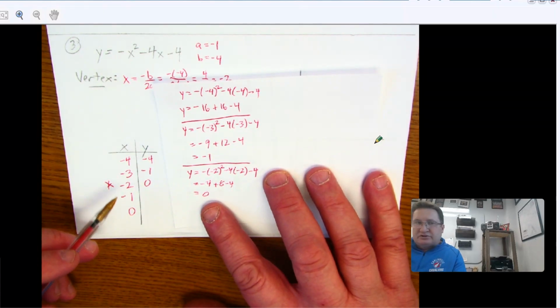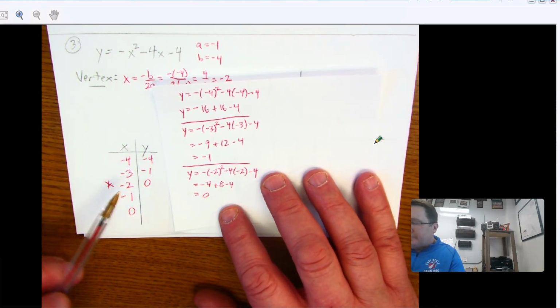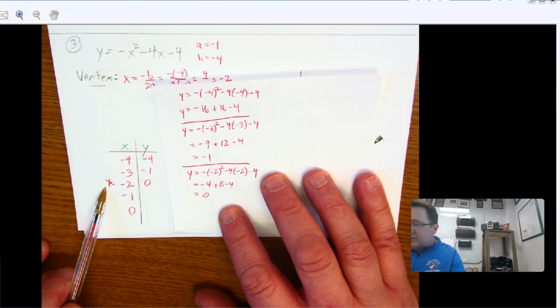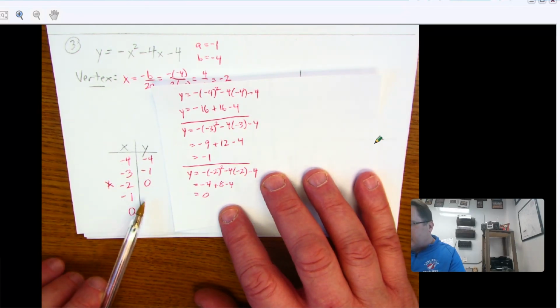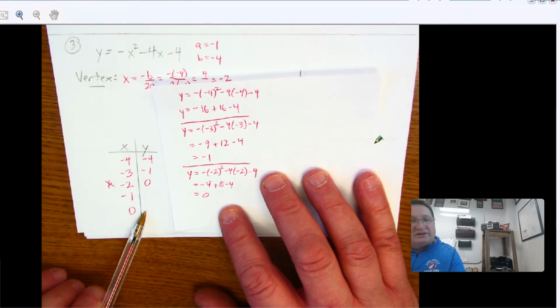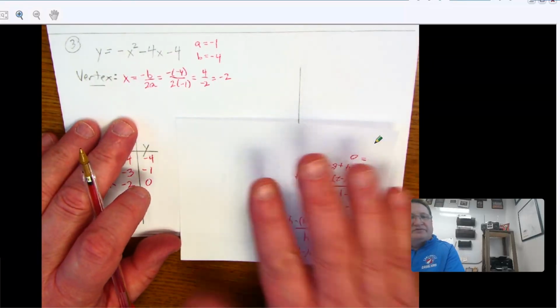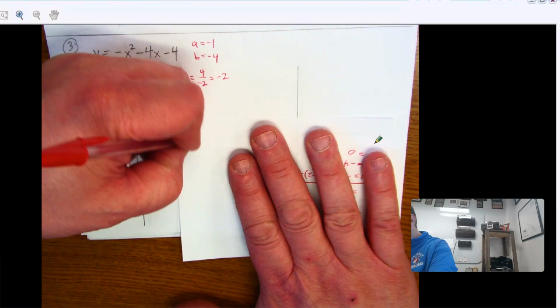And we'll show you the work here, but just as a reminder of what we were saying before, if we're doing this right, there's some symmetry involved. And remember, this was the vertex, and this was a distance of 1 away from the x-coordinate of the vertex, and we got -1. And so if we're doing this right, we're going to get -1 right here, and we're going to get -4 right here. And so let's take a look and see if that is correct. Okay, so we're going to plug in -1.